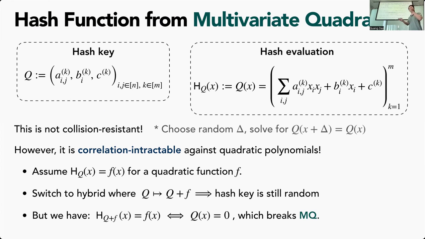Okay, these two are identically distributed, right? Because in either case, Q is sampled randomly. However, now you see that if H with this new hash key is equal to F of X, then we're actually solving the MQ system of equations. Okay, so this means that it should be CI against quadratic polynomials.